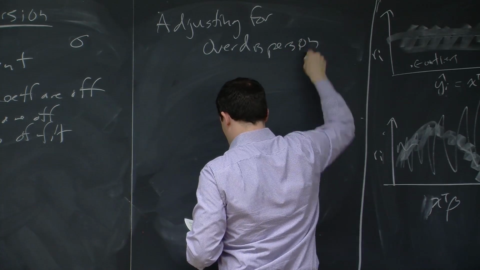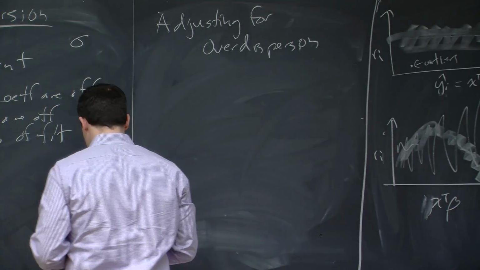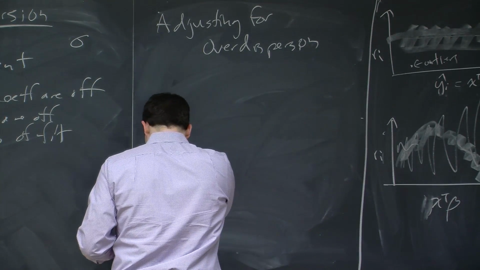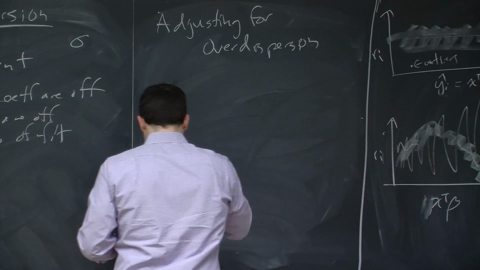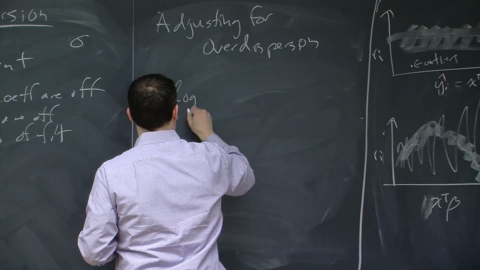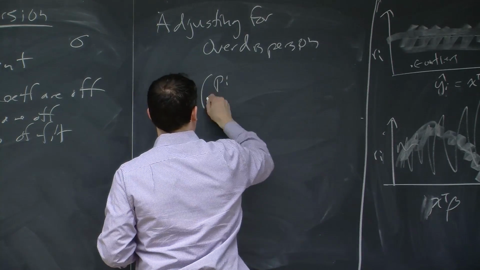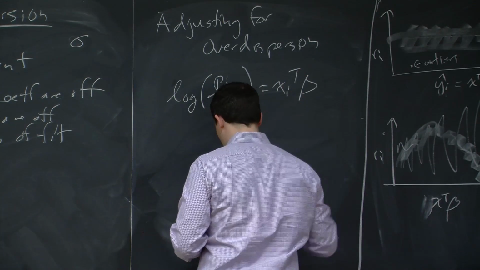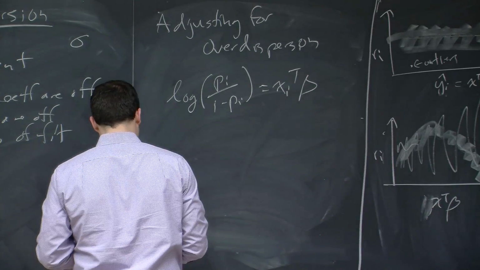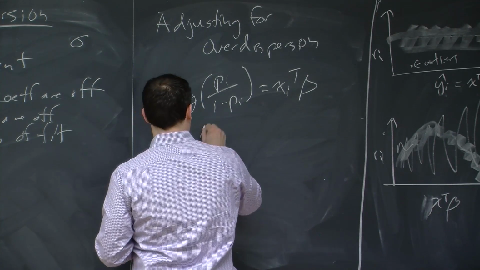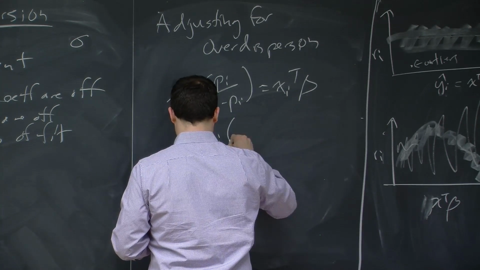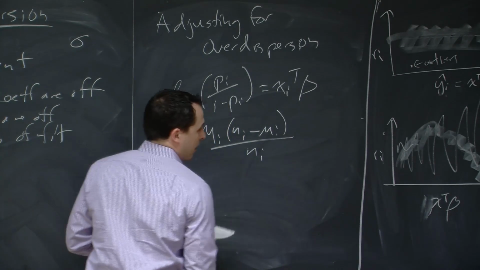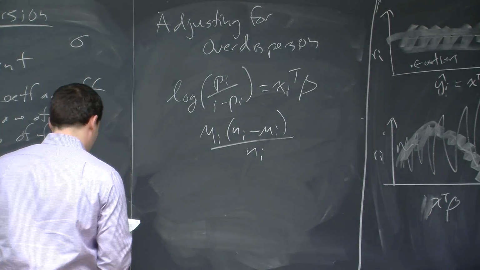So how do we make this adjustment? Well, we have our link function, which is given by the functional form of logistic regression, and we have a variance function which is also fixed and given to us by the binomial functional form.